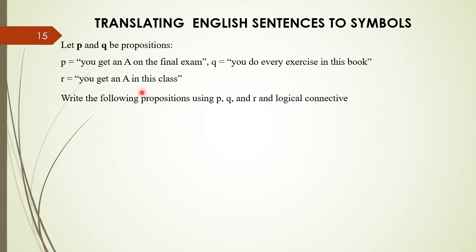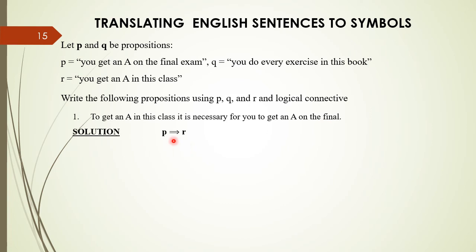So we write the compound propositions choosing P, Q, and R and logical connectives, and we convert it into a logical expression. The first compound proposition, to get an A in this class, it is necessary for you to get an A on the final. So its logical expression representation would be P implies R, because the necessary part is the then part or consequent part.